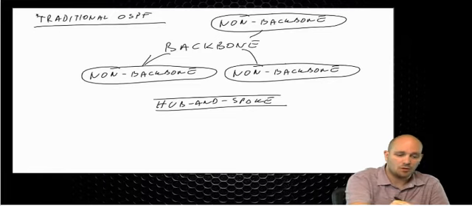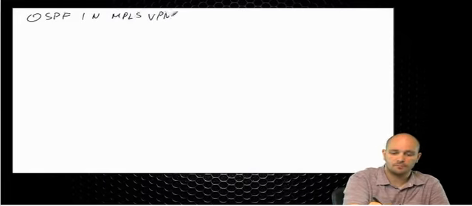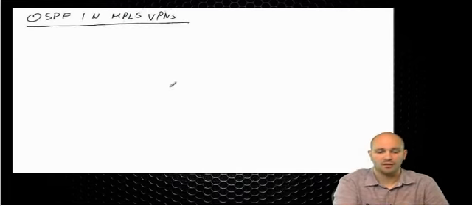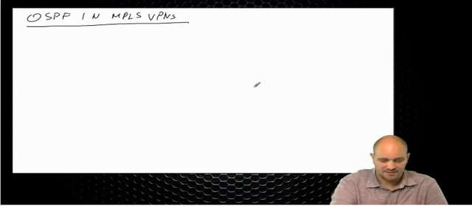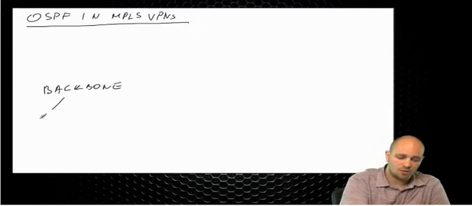Now, OSPF in an MPLS VPN scenario actually introduces one more level of hierarchy. Because here, in multiple independent sites, we can have a backbone area that connects to non-backbone areas.